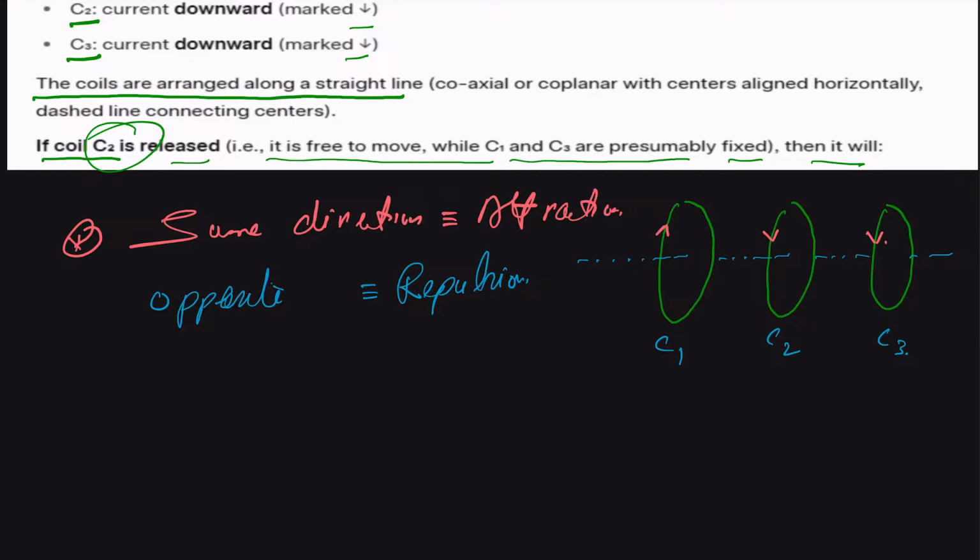And so it means that C1 and C2 are in opposite directions, but C2 and C3 are in the same direction.